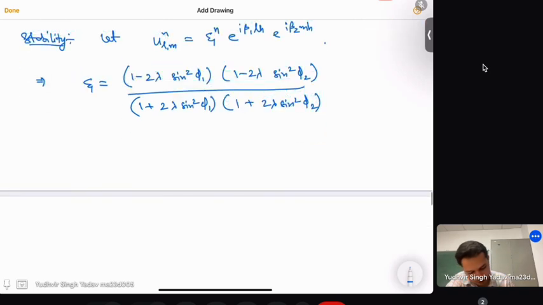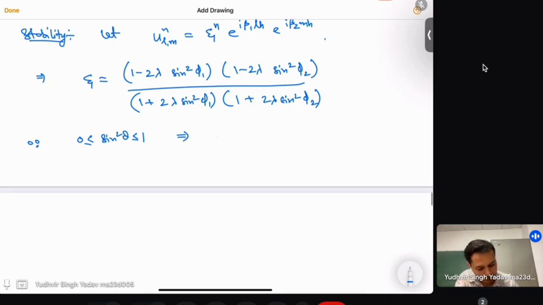Now again, since we know that sine square of theta is always between 0 and 1, and the denominator has a plus sign whereas the numerator has a negative sign, the denominator is always greater than the numerator in this case, which will imply that the ADI scheme or ADI method is unconditionally stable.